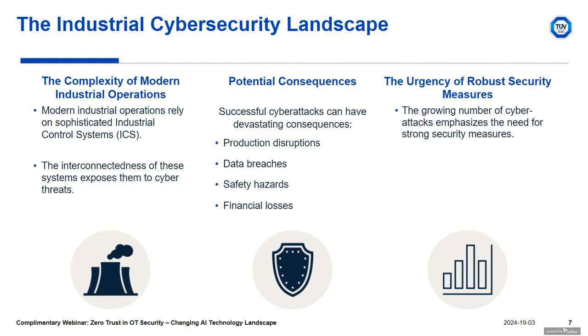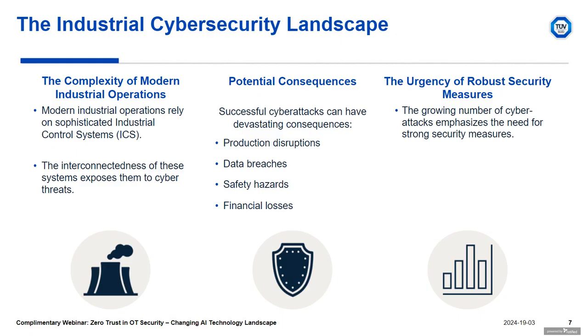Data breach scenarios: sensitive operational data can be leaked, and blueprints or intellectual property can be stolen or sold on the black market, which jeopardizes the competitive edge. Another potential consequence in the industrial landscape is safety at risk. Malicious actors can manipulate control systems, causing equipment malfunction and potentially leading to safety hazards like environmental damage or even physical injuries.